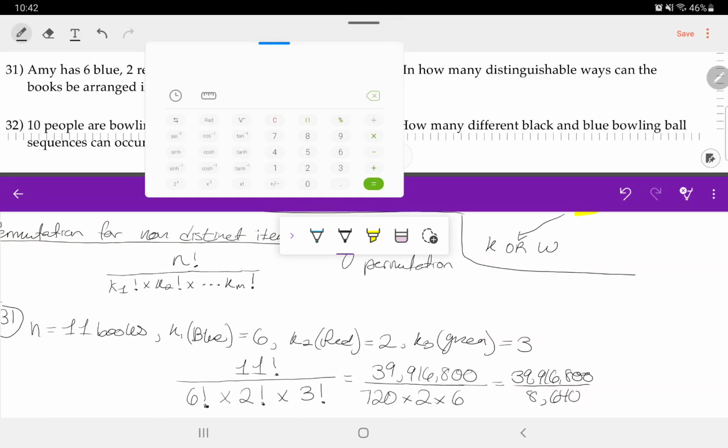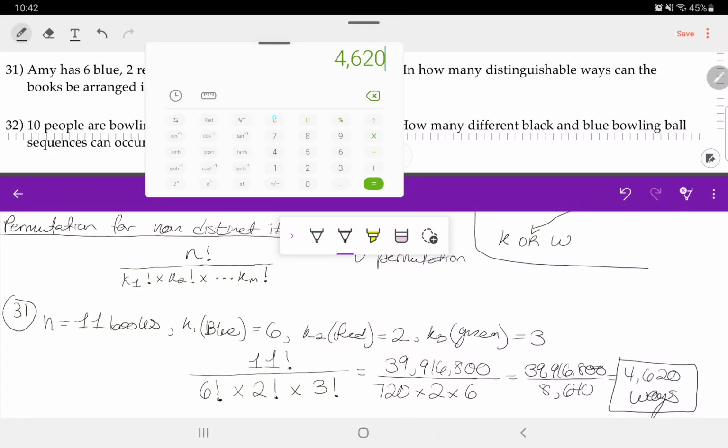Now we're going to divide that in my calculator. 39,916,800 divided by 8,640 is 4,620 ways. And that is how we approach this problem, number 31.